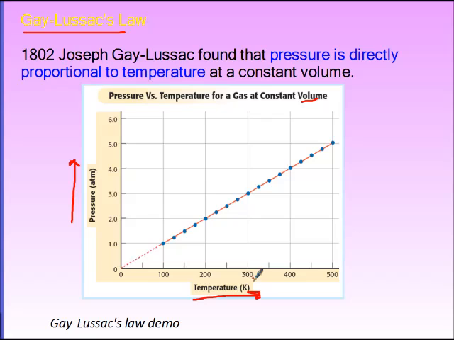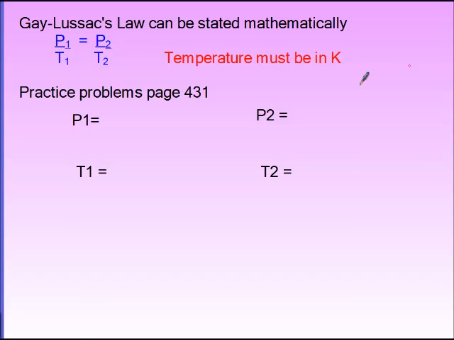And same thing is true. If the temperature goes down, pressure goes down. And he found this constant direct relationship. So, his law can be written as P1 over T1 equals P2 over T2. Again, temperature has to be in Kelvin.